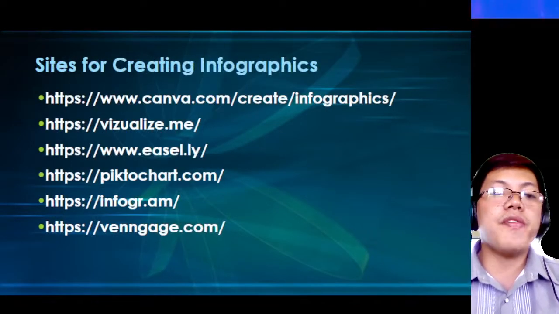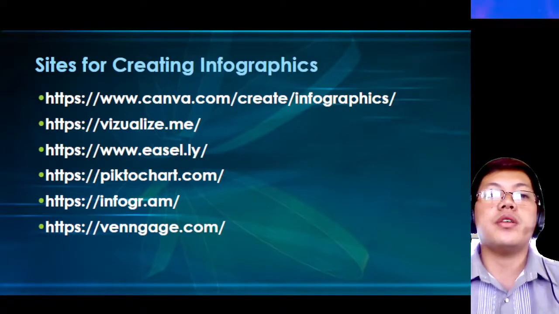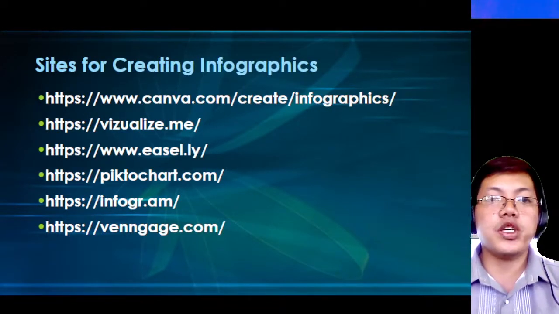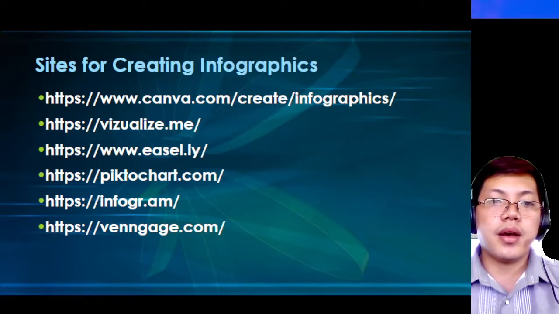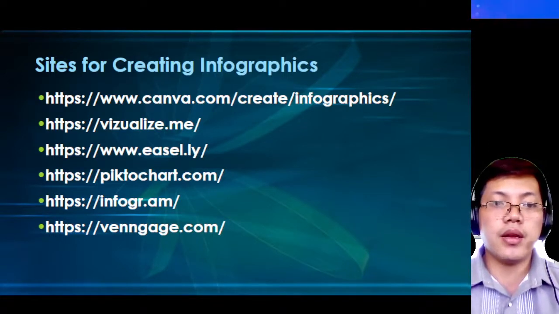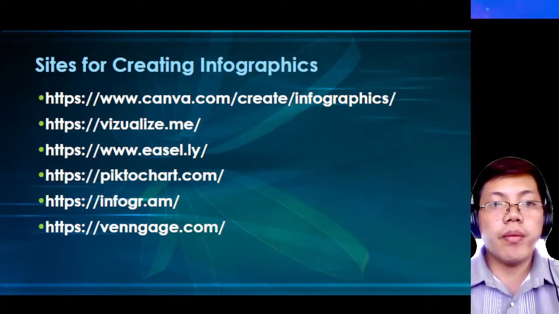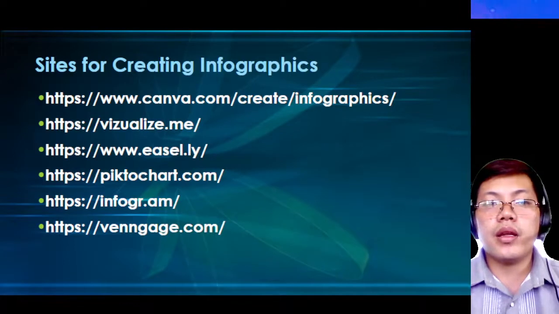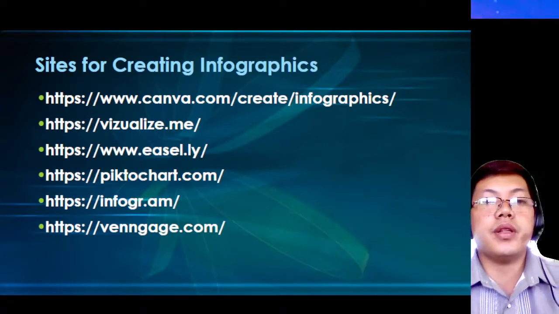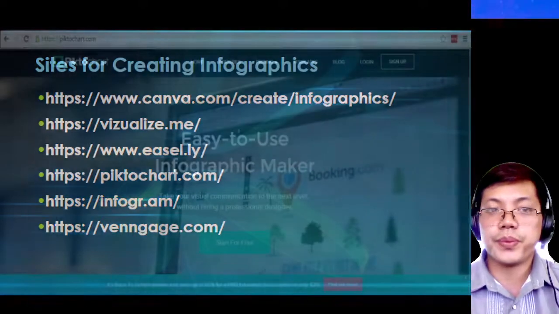And these are also some of the sites where you can create your own infographics. So you have here Canva, Visualize, ISO, Piktochart, infogr.am and venngage.com. And I also have a separate video lesson for canva.com, so you might want to check on that too.